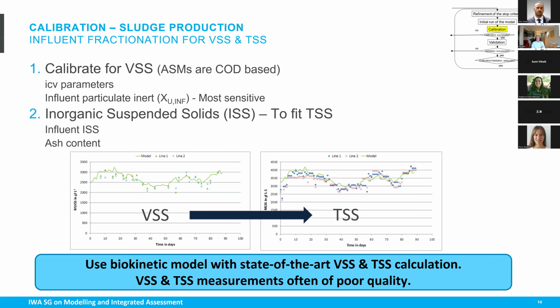My recommendation is to use a state-of-the-art model with a more advanced model for that compared to the original ASM 2 and 3 implementation. So that basically has additional ash content calculations, and the VSS, TSS factors are all individually defined, right? So there's a lot of work been done throughout the last decades.